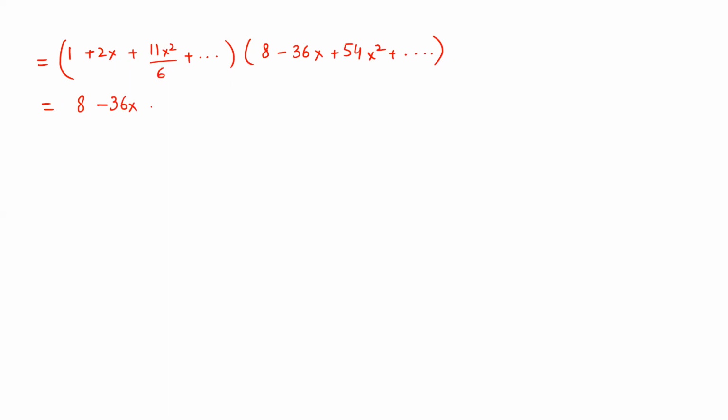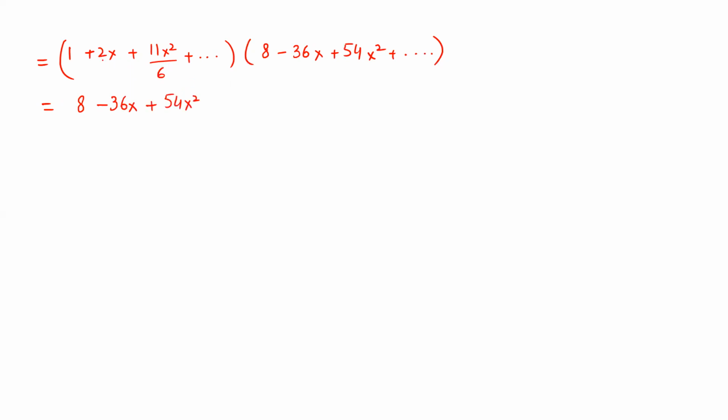What we get is 1 plus 2x plus 11x square by 6 multiplied by 8 minus 36x plus 54x square, and ignore the higher order terms. It will be easier.